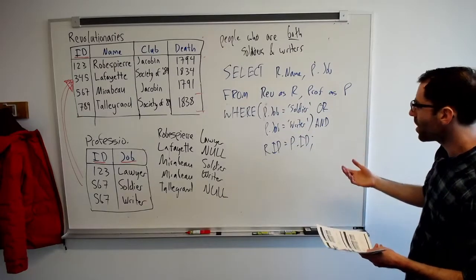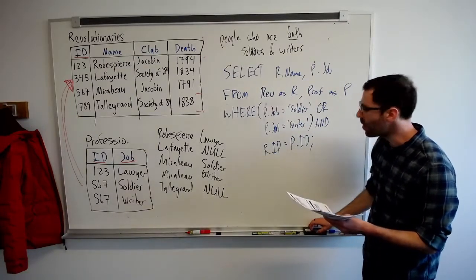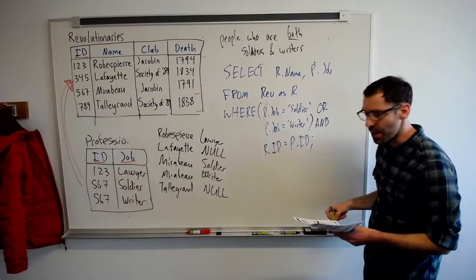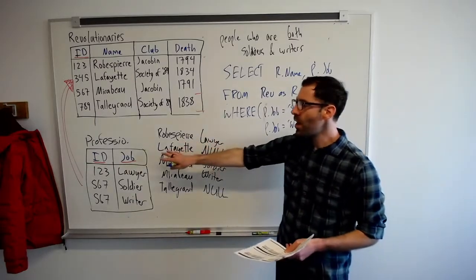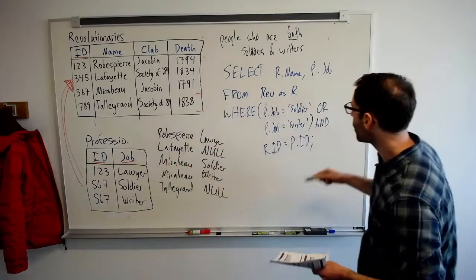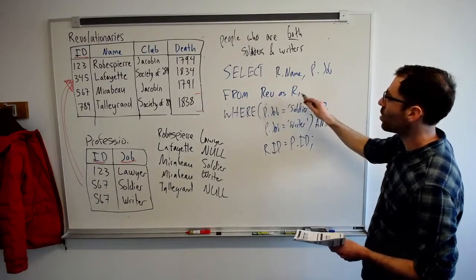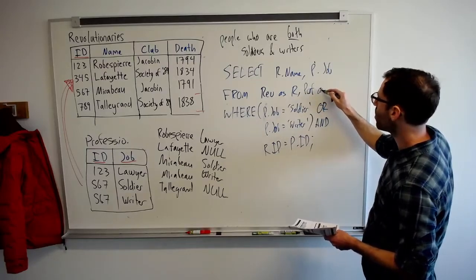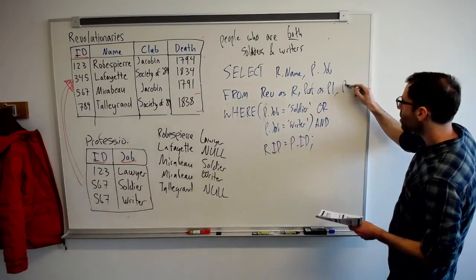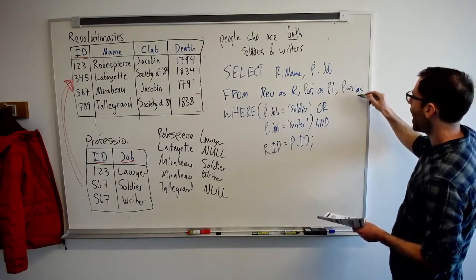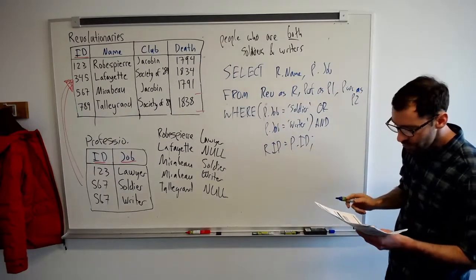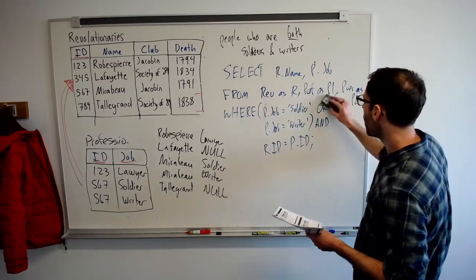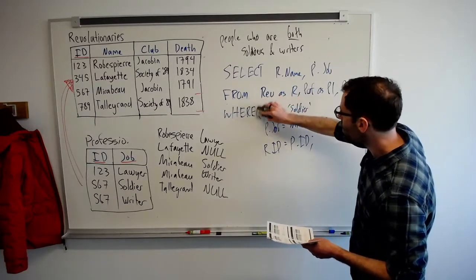So we're going to do something kind of fun, where we actually do a self-join. We join the profession table with itself. So we're still doing the revolutionaries. We're doing the profession table as P1, and joining the profession table as P2. And for this, we can now go back to, we want both of these jobs.